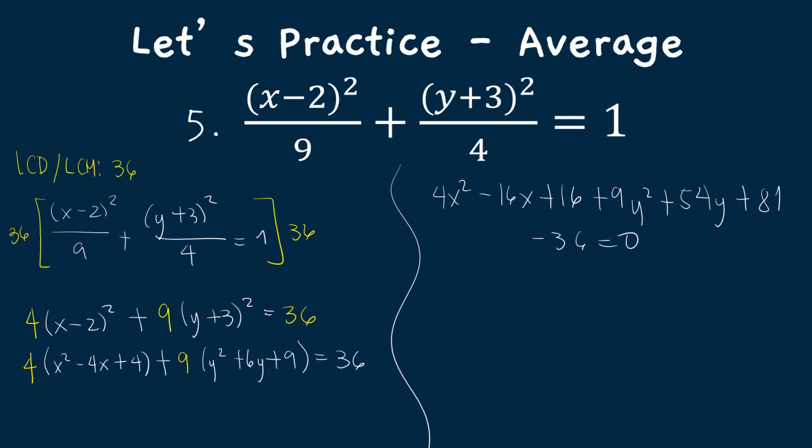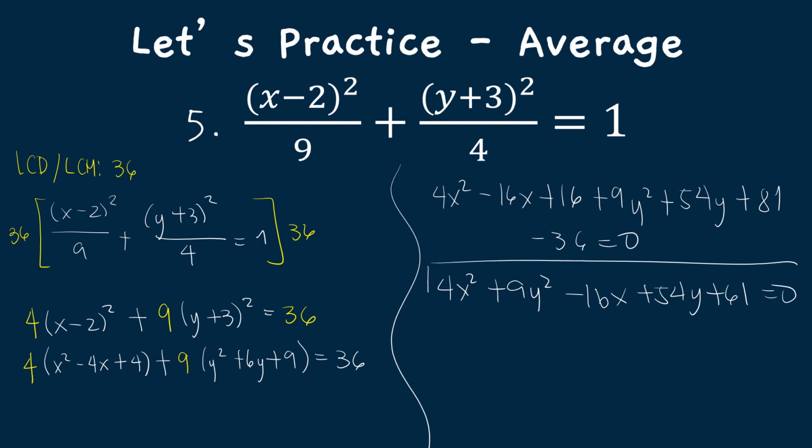Then arrange it in such a way we have a general equation. So you have 4x squared plus 9y squared minus 16x plus 54y. Then you add the constant numbers such as 16, 81, but you have to subtract 36. So you have 16 plus 81 minus 36. So the answer is 61. So plus 61 is equal to 0. And therefore, this is your final answer for our example number 5.